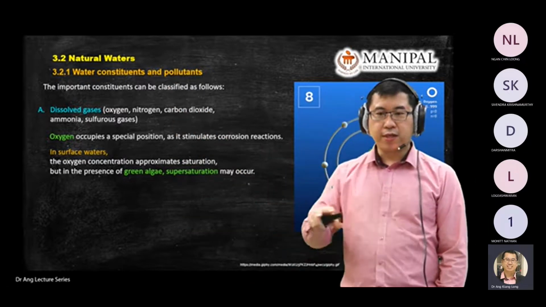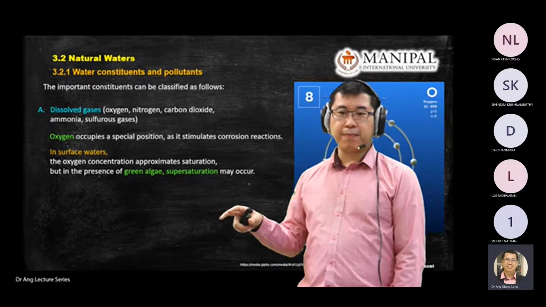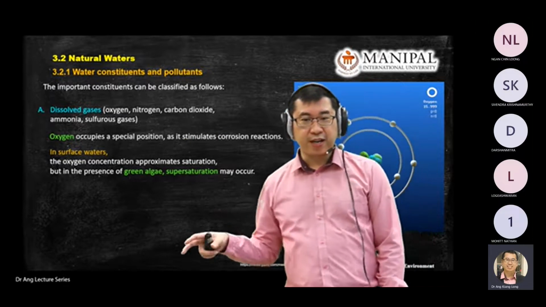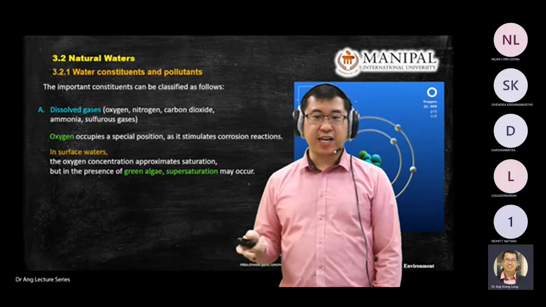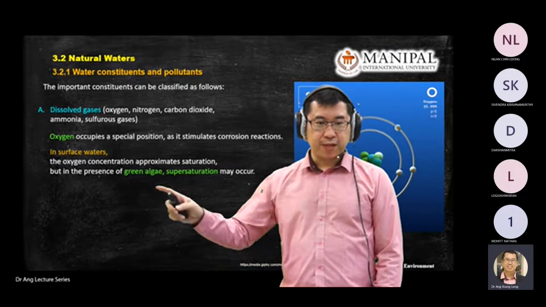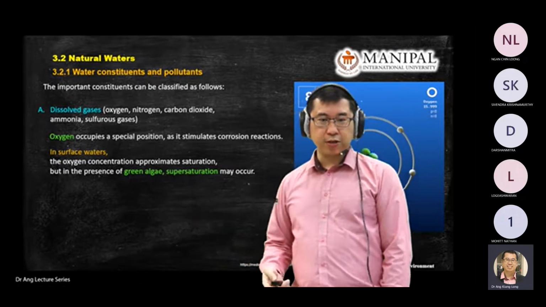You see some water becomes black, some becomes green, and so on, right? Why is some water very clear? Because of the water's oxygen concentration.